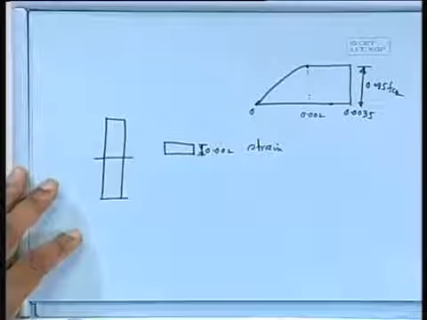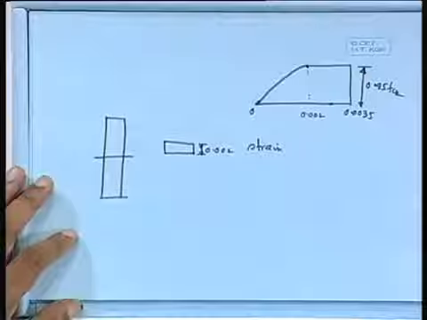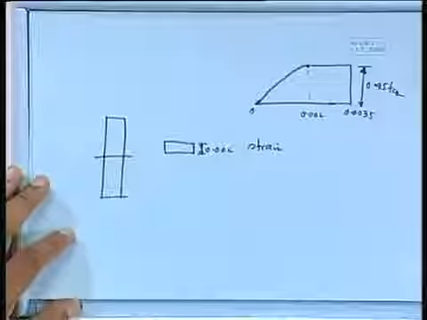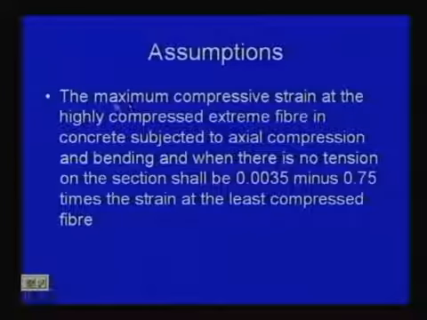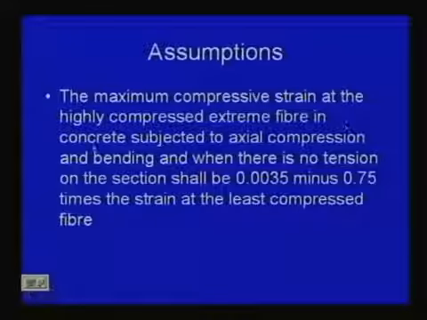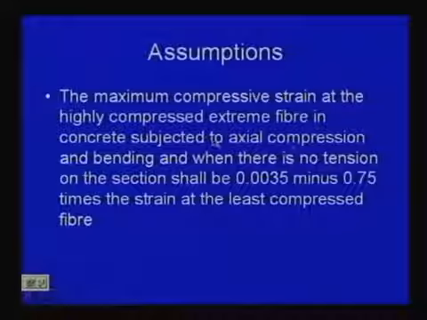Now the maximum compressive strain at the highly compressed extreme fiber, let us read it because this is very, very important. The maximum compressive strain at the highly compressed extreme fiber in concrete subjected to axial compression and bending, please note, axial compression and bending.